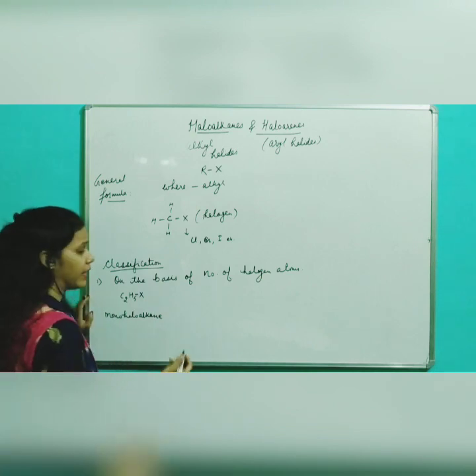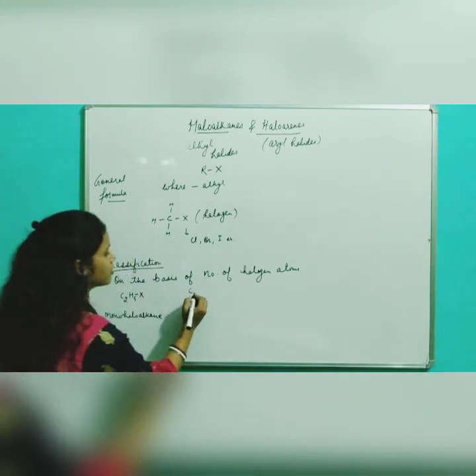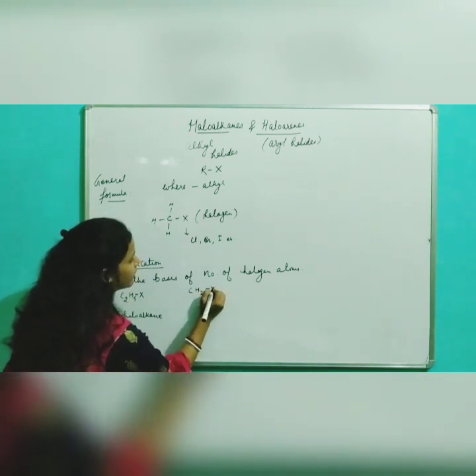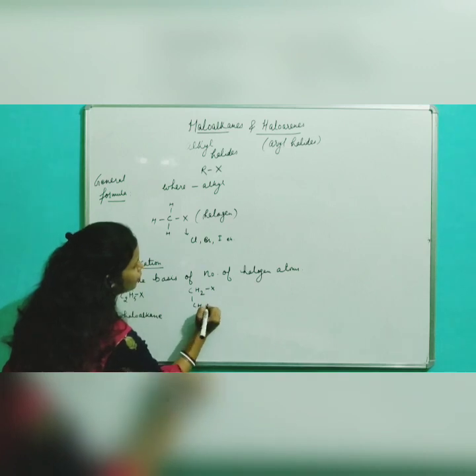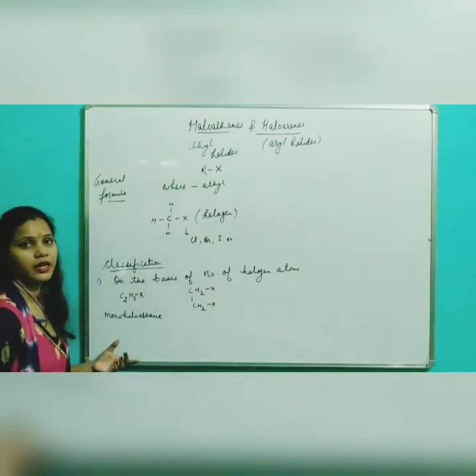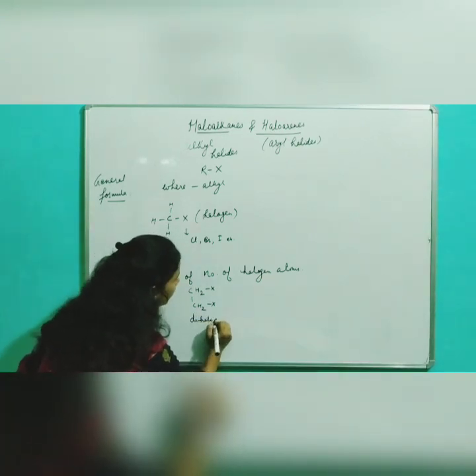Similarly, suppose I write CH2X2, here since two halogen atoms are attached, it will be a dihaloalkane.